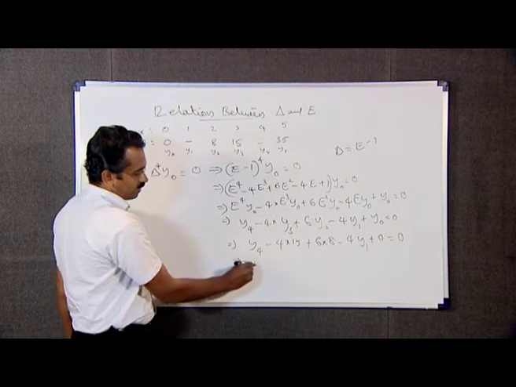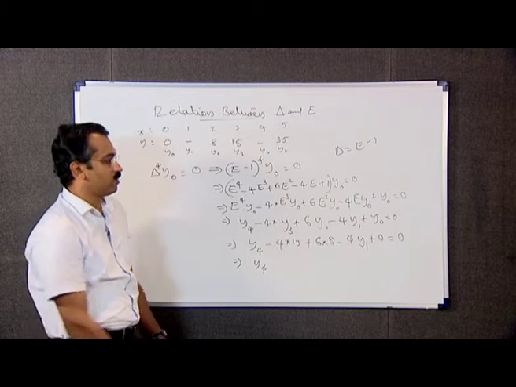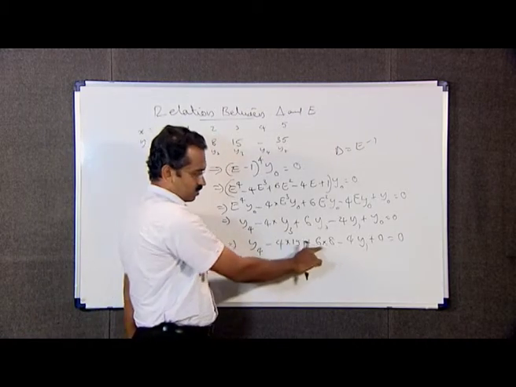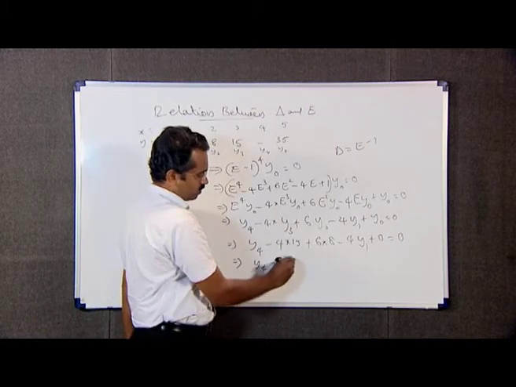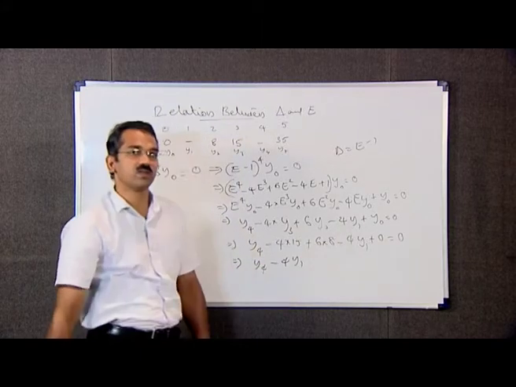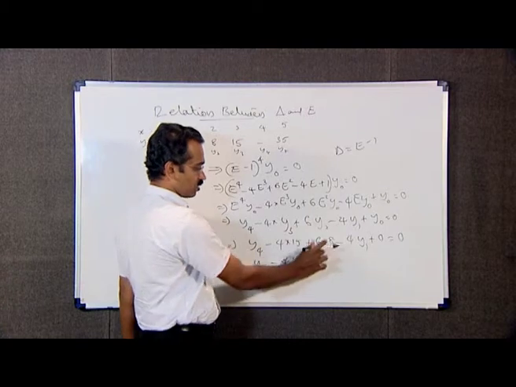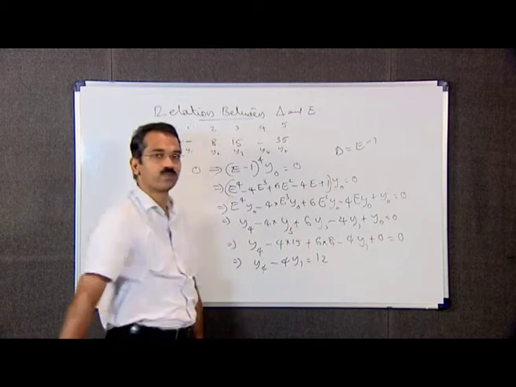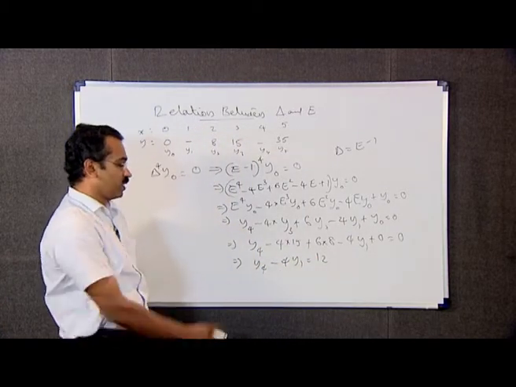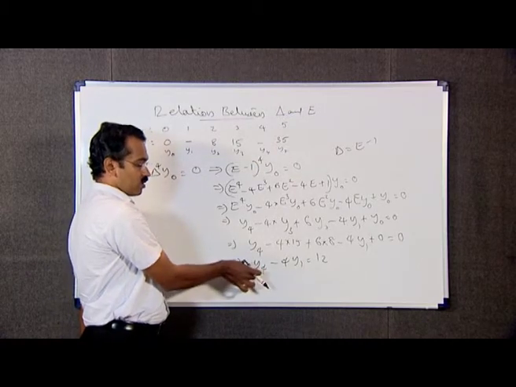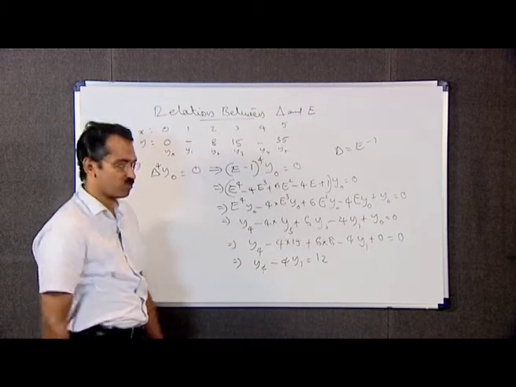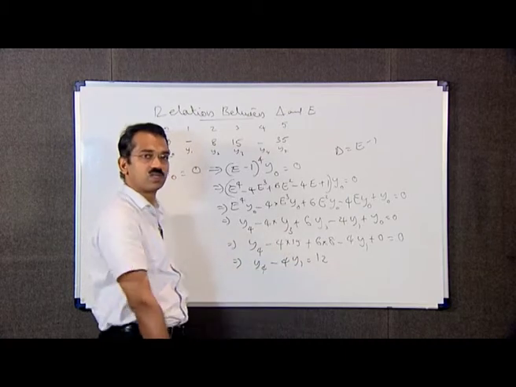Which implies y4 minus 4y1, by simplification, is equal to 12. We obtain an equation in y4 and y1, that is y4 minus 4y1 is equal to 12.